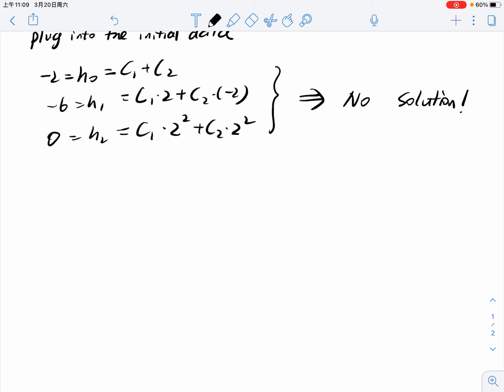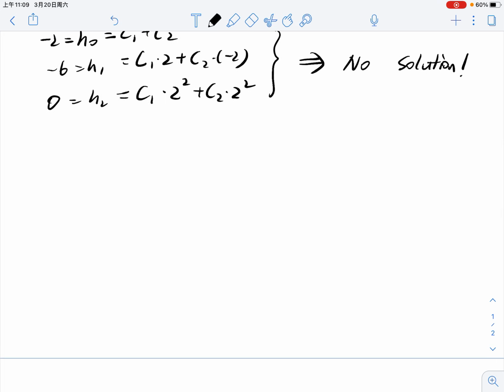So what's the problem? In general, for this type of problem, you have more equations than variables, and from linear algebra, we know that in general will give you no solution at all. So what does that mean? That means your special solutions are not enough. You only have fewer special solutions than the initial data.